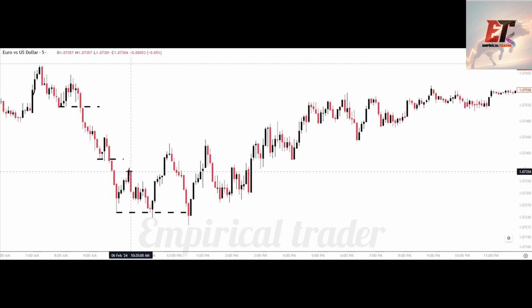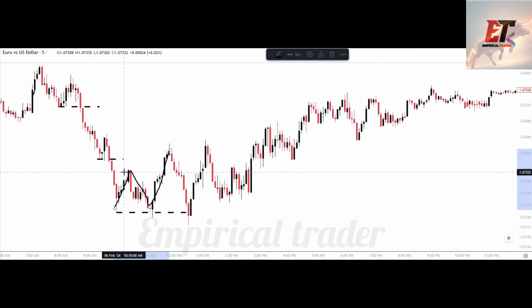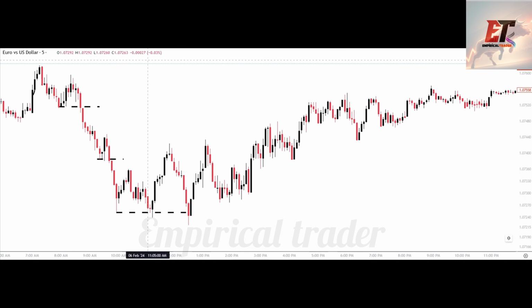Now we see here that price has managed to break above the last high. This is a good indication that the trend is reversing by a change of character.